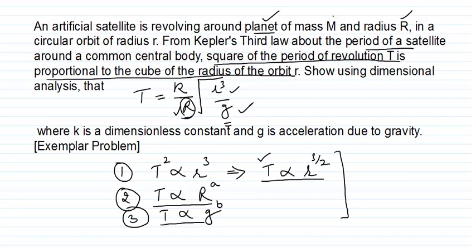We do not know whether the dependence on the others is direct or inverse. There is no mention of the mass, so we will not write the dependence of T on the mass of the planet. So we got three relations.